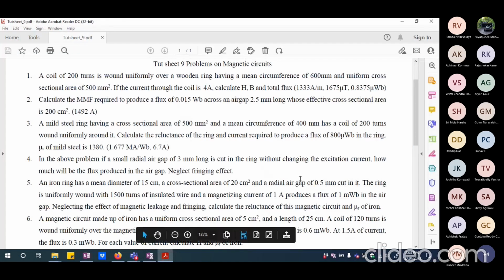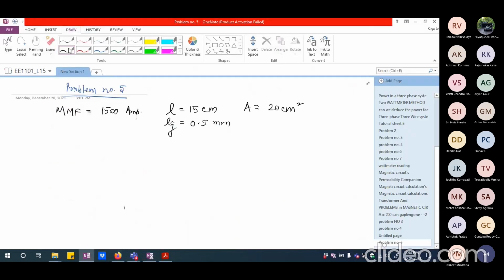And what is given is it produces a flux of 1 milliweber, which is 0.001 Weber, in the air gap.